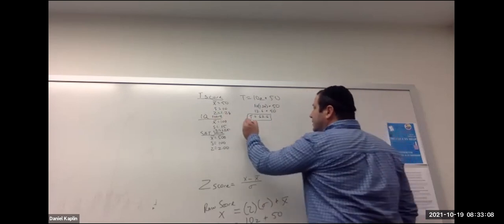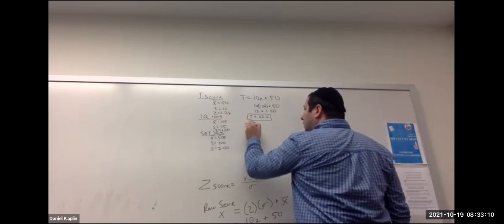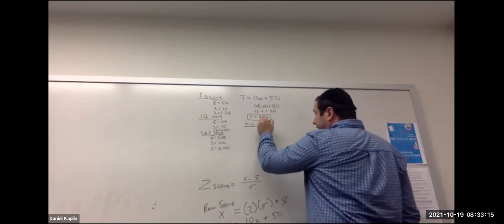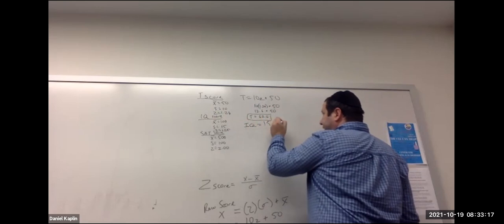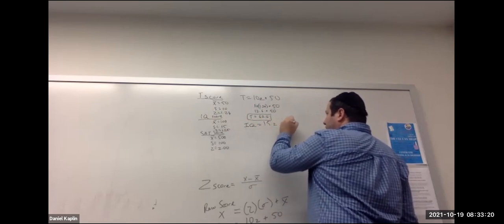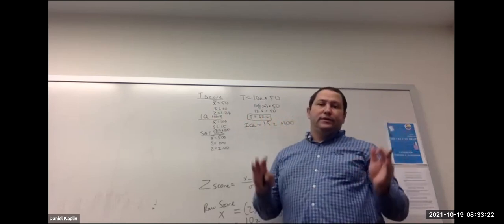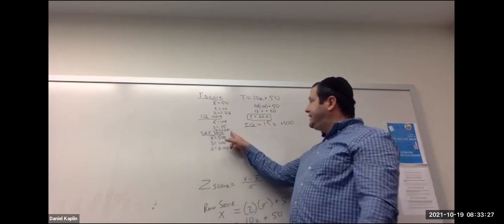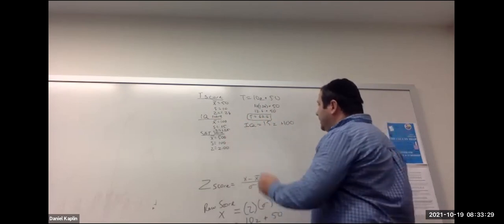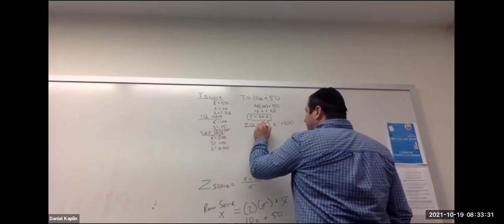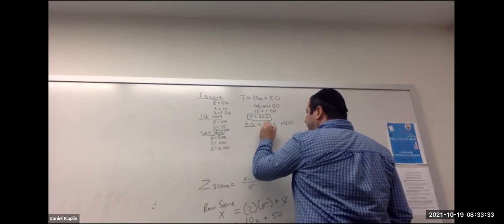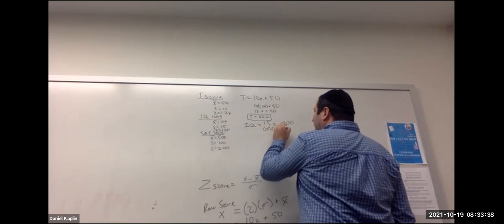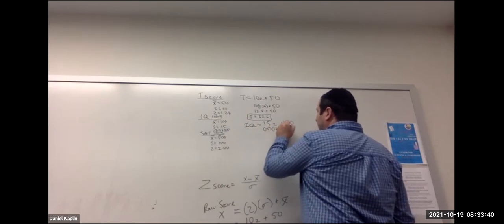Now we can do the IQ score, right? So IQ is equal to 15Z plus 100. And on your slides, I asked you, what would the IQ be if I gave you a Z-score of 1.25? No problem. So we do 15 times 1.25 plus 100.